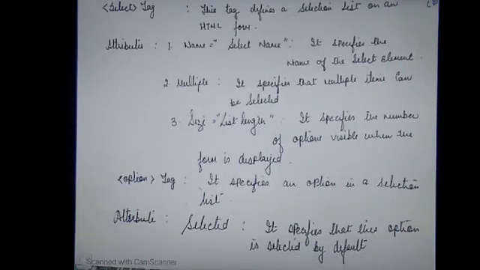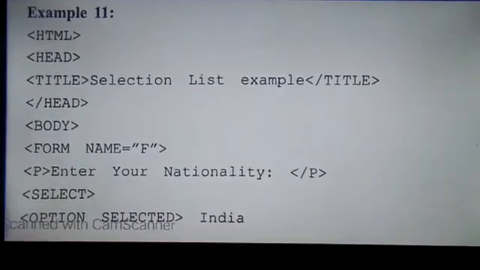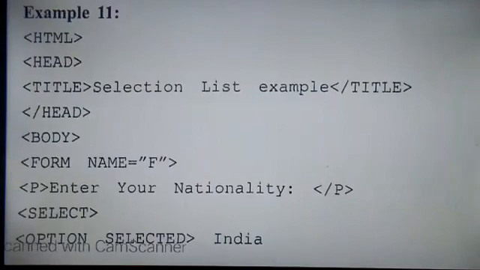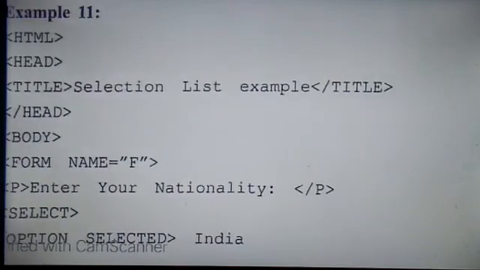Here now the next example is for the multiple. Here the select tag defines the selection list on an HTML form. Attributes I have already told you: name, multiple, size. The option tag and its attributes I have also told you. Now we will move forward to example 11. That is HTML, head, title, selection list example, head close, body, form F. P is enter your nationality, close of P, select, option selected India.